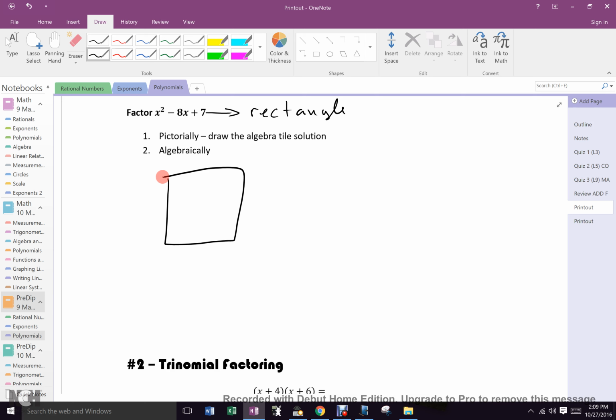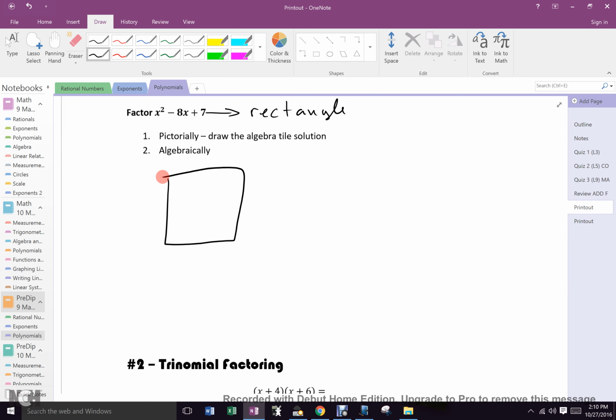What is the only way I can make a rectangle out of 7 things? At teacher school, they say that you should never say no when a kid has the guts to give an answer. So I like the way you're thinking, Michael, but I'm going in a bit of a different direction right now.